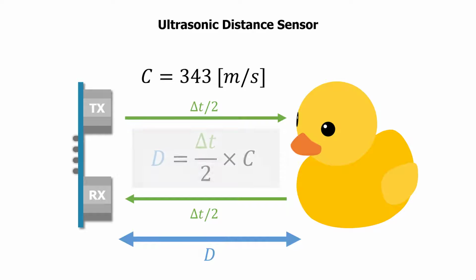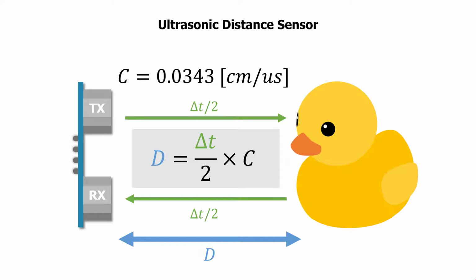We can use the following equation to convert from time in microseconds to distance in centimeters, where c is the speed of sound in air, 0.0343 centimeters per microsecond. Here we divide by 2 since the sound wave must travel twice the distance, once to reach the object and again to return to the sensor.